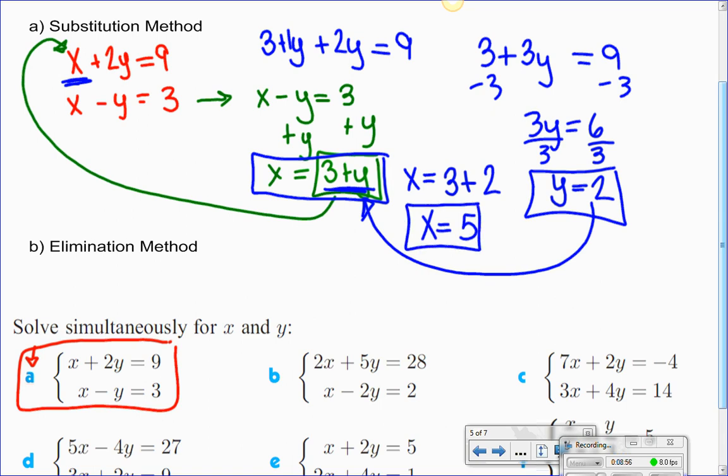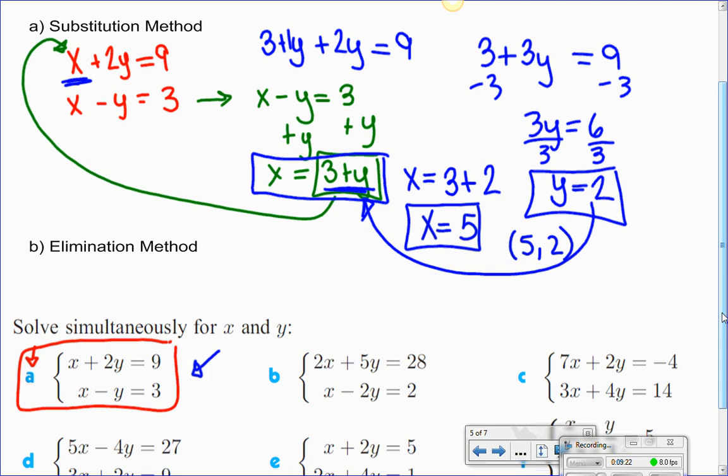Okay, so this is our solution to the simultaneous equations. That means that if I were to graph these 2 equations, they would meet at the point 5, 2. So when x is 5 and y is 2, that is a solution to both of these equations. Okay, so that's substitution.